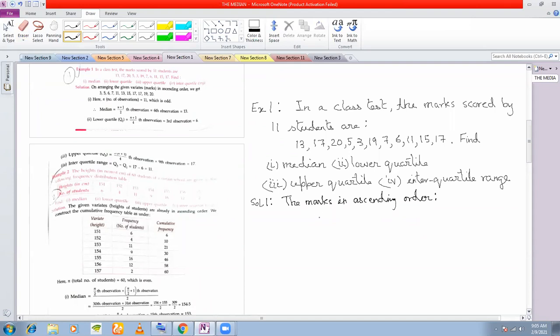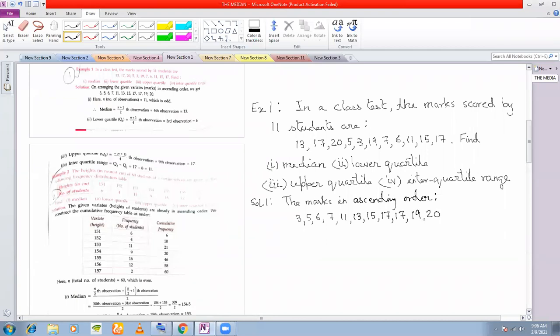Your marks in ascending order is 3, 5, 6, 7, 11, 13, 15. And if you see there are two 17s, we will write 17 one after the other. And then you have a 19 and then you have 20.